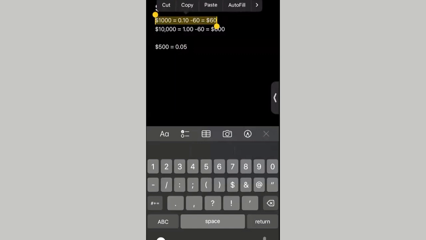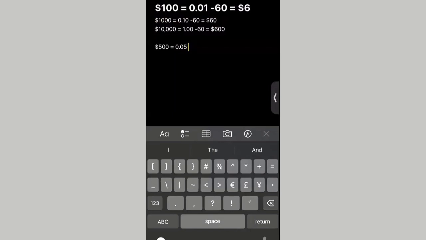So instead of risking $60, minus 60 pips, that'll be $30. You know what I'm saying? You get that one? Yeah, I got it. Yeah.